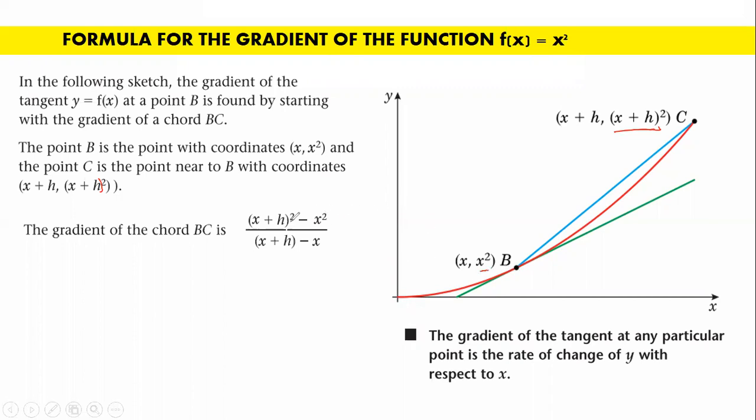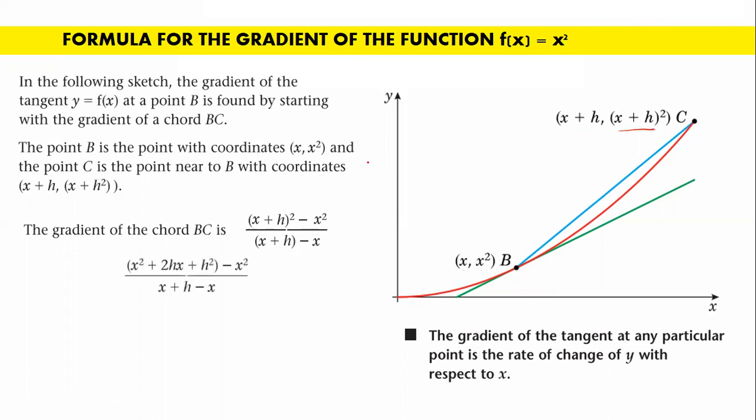So the difference of these two gives (x plus h) squared minus x squared, divided by the difference in x coordinates. The x coordinate at C is x plus h. The x coordinate at B is x. So the difference in x coordinates gives x plus h minus x.